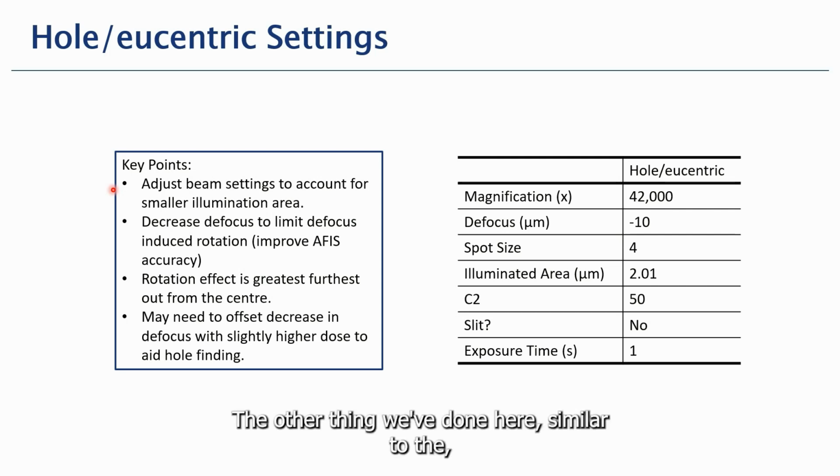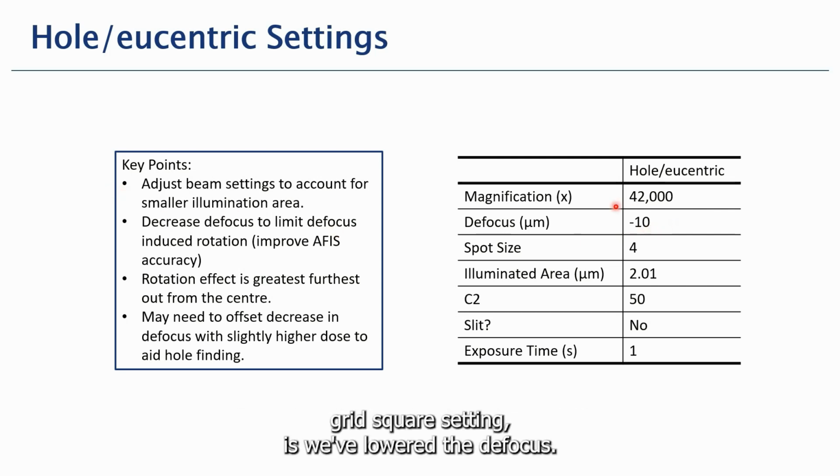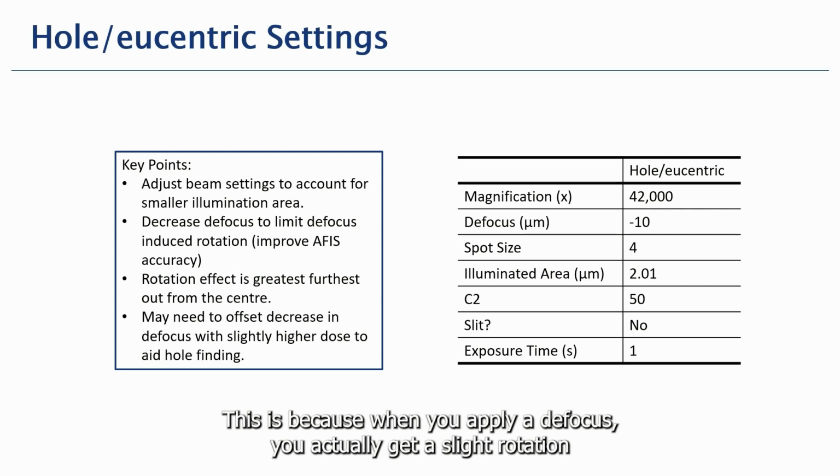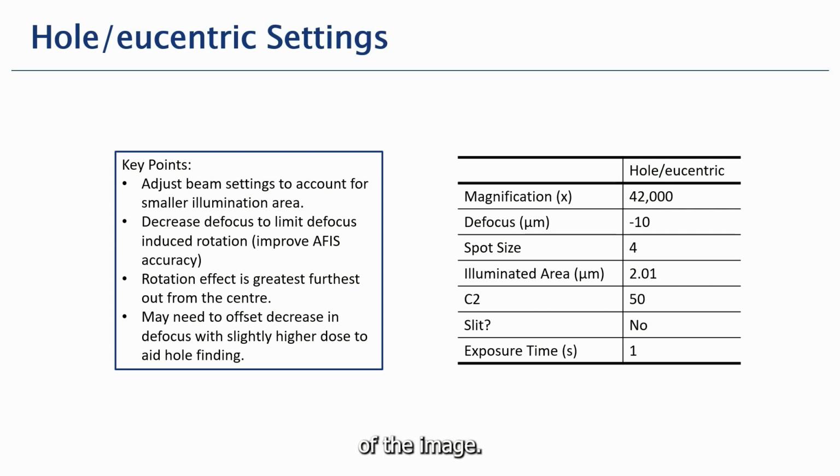The other thing we've done here, similar to the grid square setting, is we've lowered the defocus, and this is more important later on when the collection is actually happening. This is because when you apply a defocus, you actually get a slight rotation of the image.